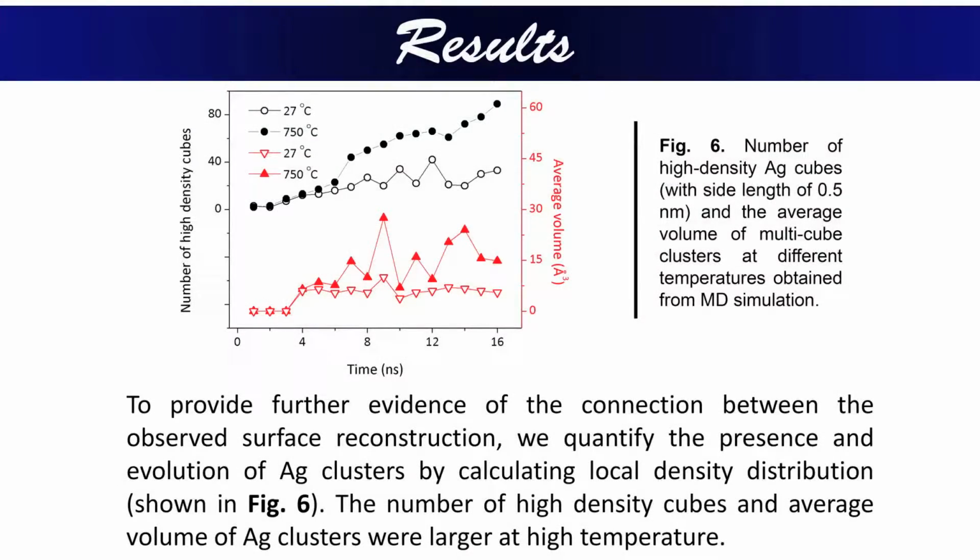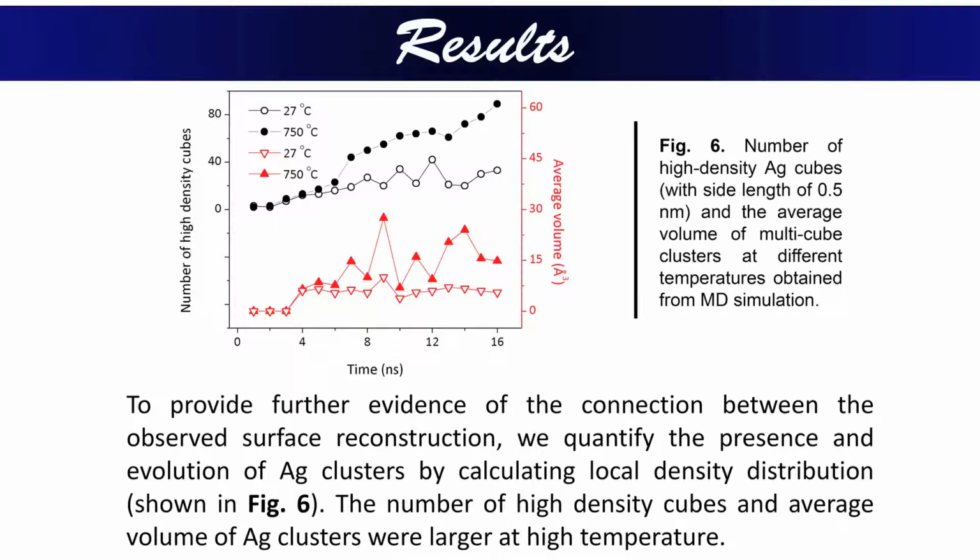Figure 6 shows the number of those high-density cubes increase with the sliding time, represented by the black circle. And we get a lot more of these high-density cubes at high temperatures. We also measure the average volume for those groups of high-density cubes.